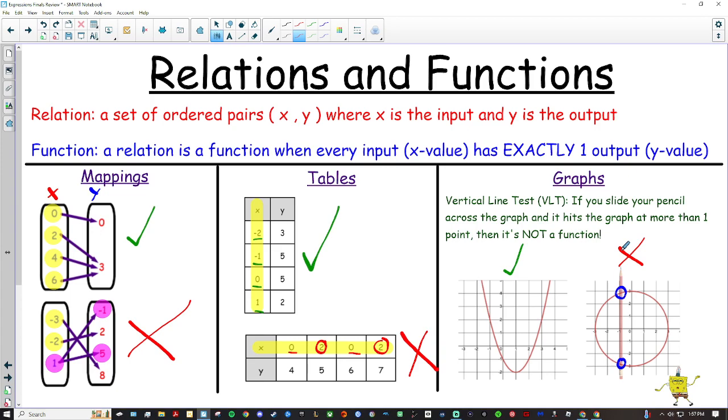If you are asked to explain your reasoning, you can use this as a reason. Number one, this graph is a function because it passes the vertical line test. The circle is not a function because it fails the vertical line test. That is your reasoning. This is everything you need to know for relations and functions. Let's get into our problems.